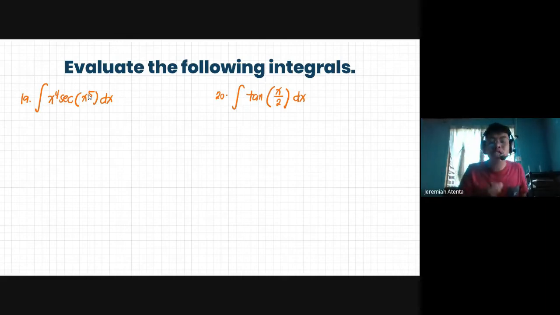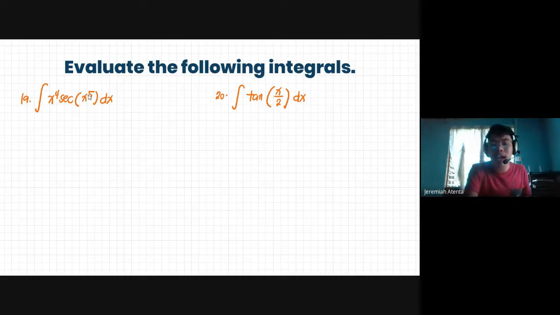So what should be the expression that you need to substitute by u so that a single expression will come out? What do you think? Is it x to the power of 4 or x to the power of 5? Now, if we choose x to the power of 4, the derivative of x to the power of 4 should be seen in the expression.